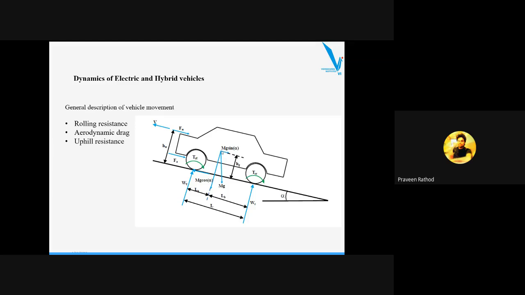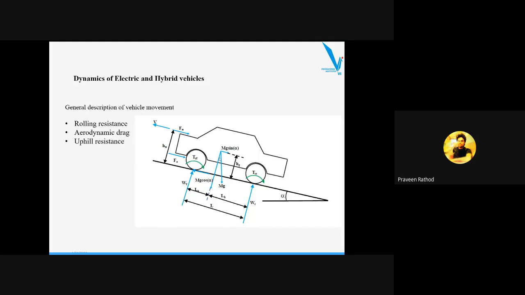Over here the force is acting at the CG, and it creates an angle alpha, so the force is resolved into two. One force is resolved in the horizontal direction, one more force is resolved in the vertical direction.